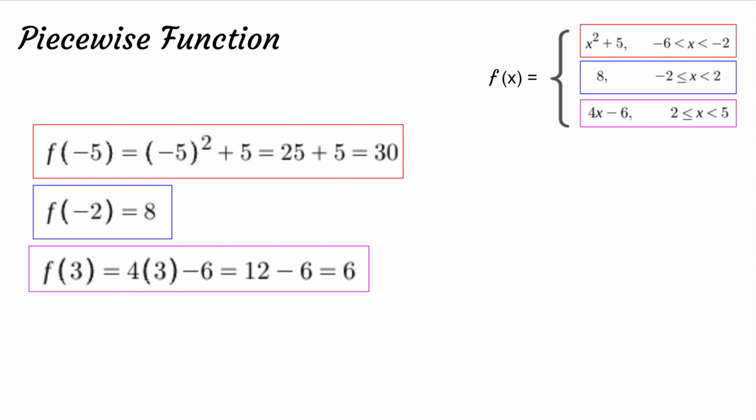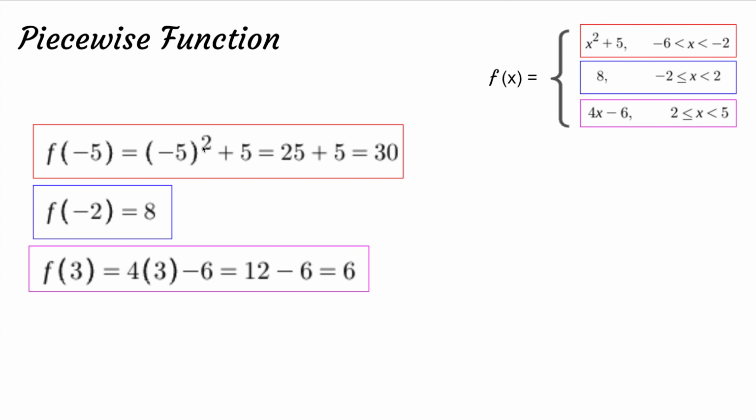I chose f of x equals x plus 5, if negative 6 is less than x but greater than negative 2. I plugged in negative 5, which would mean we have to use this equation.